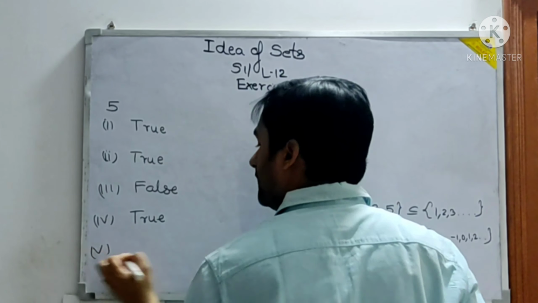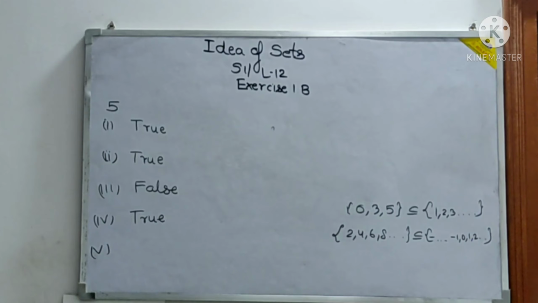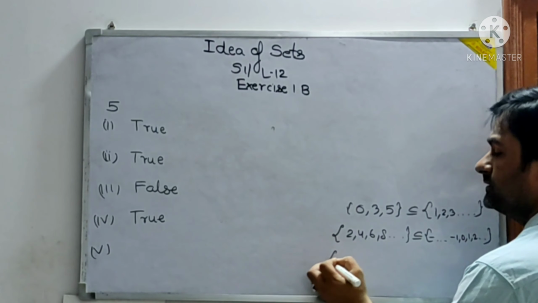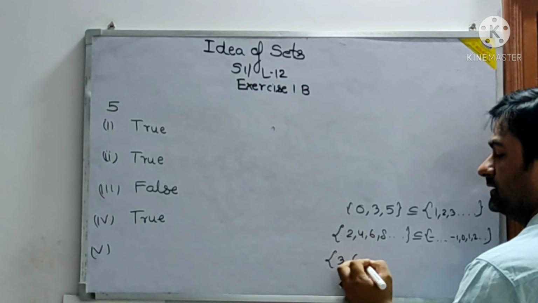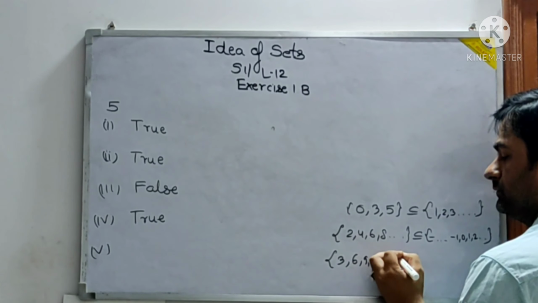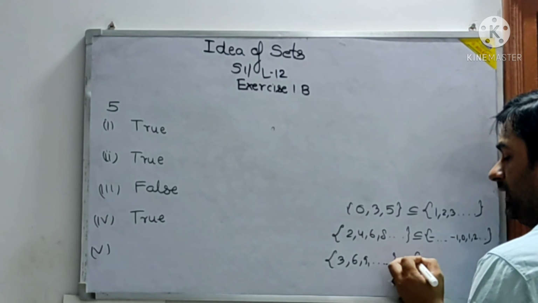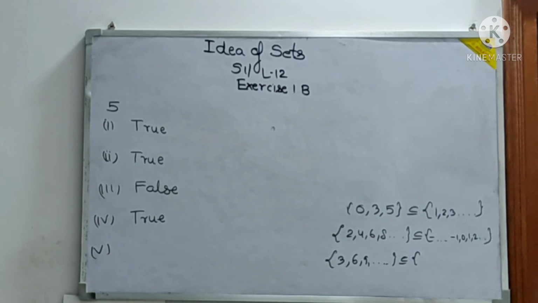Now what about the fifth part? Fifth part is x is a multiple of 3 and x is an integer. Multiple of 3 means 3, 6, 9 and so on. And it should be a subset of integers.